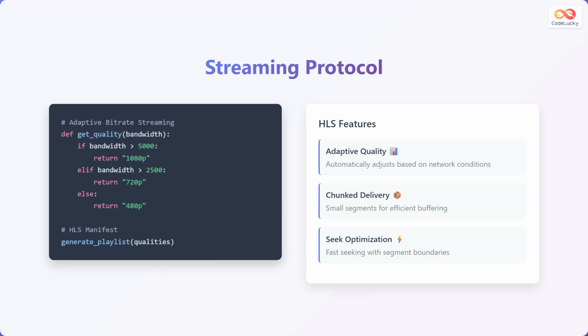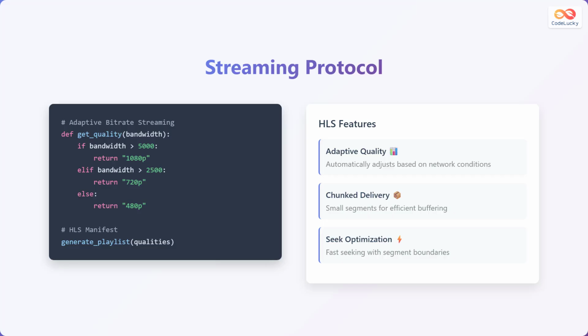Next, let's discuss streaming protocols focusing on HLS, or HTTP Live Streaming. The code snippet shows how adaptive bitrate streaming works. The get quality function determines the video quality based on the available bandwidth. If the bandwidth is greater than 5000, the quality is set to 1080p.